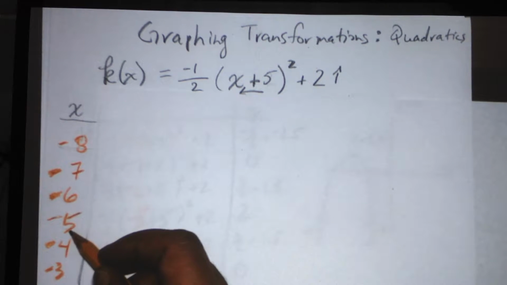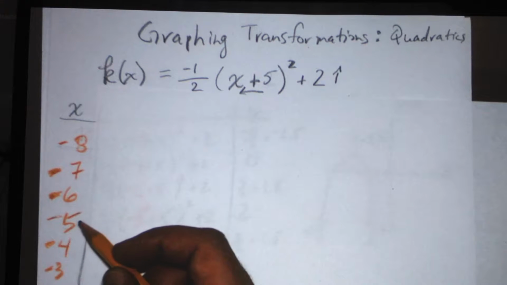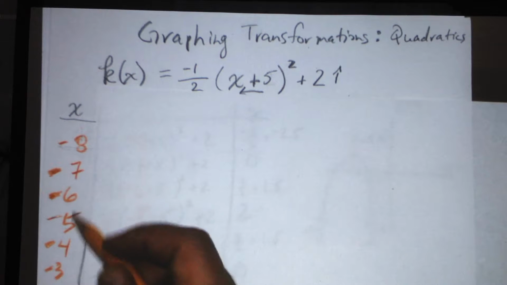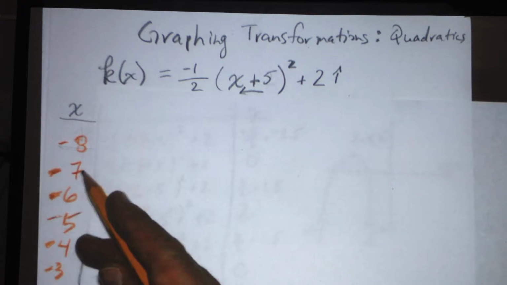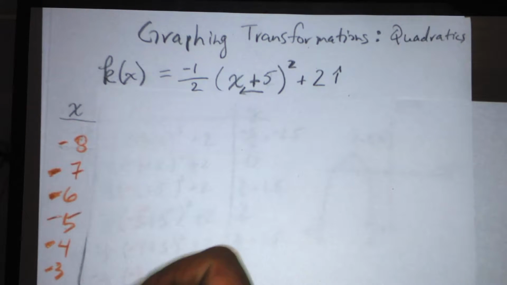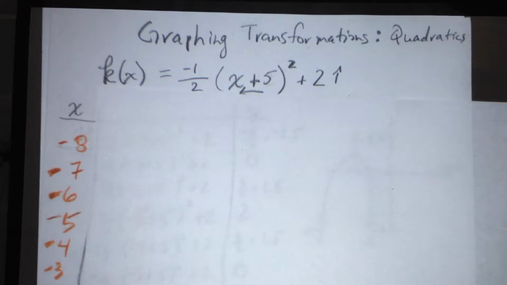And then after I plug in x equal -5, I will plug in other x values that are around -5, like -6 and -4, -7 and -3, -8 and -2, and we are looking to see the quadratic open up before our eyes around the center at x equal -5.